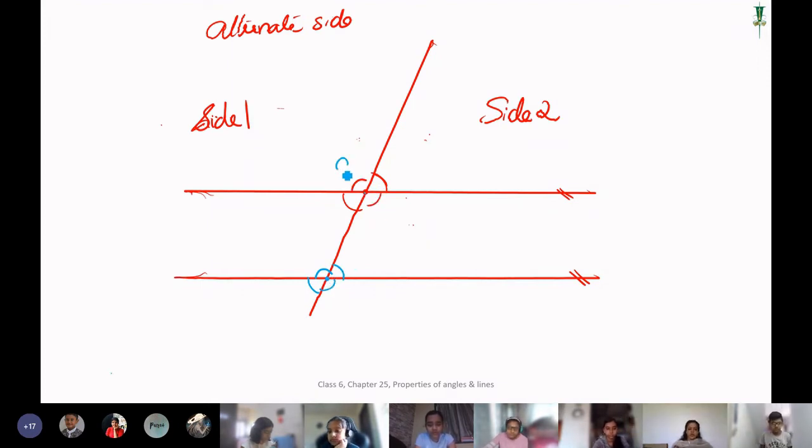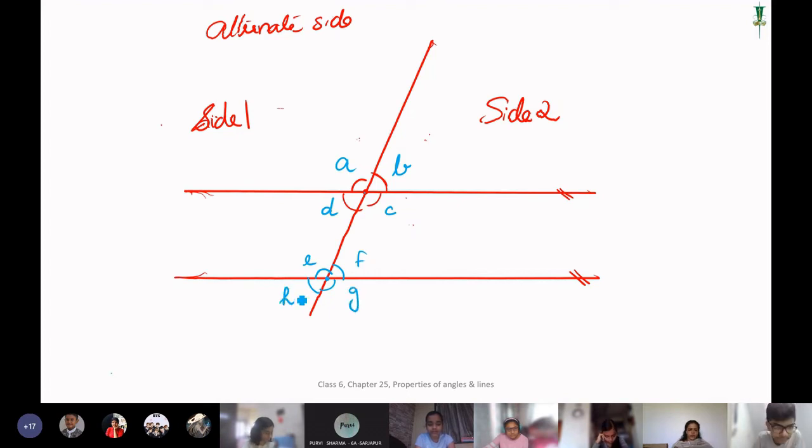Now, for understanding, I'm just naming these angles A, B, C, D, E, F, G, and H. Now let us look at where angle A lies with regard to exterior and interior.